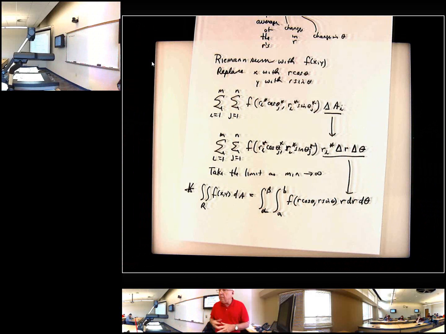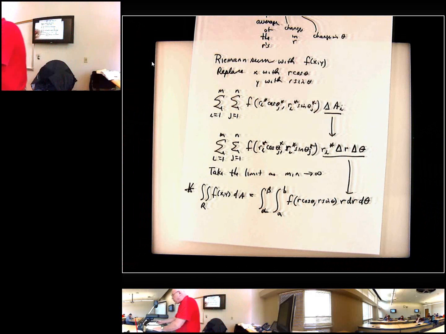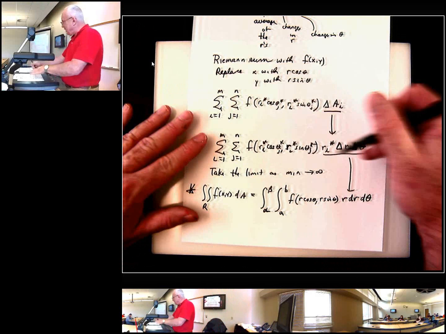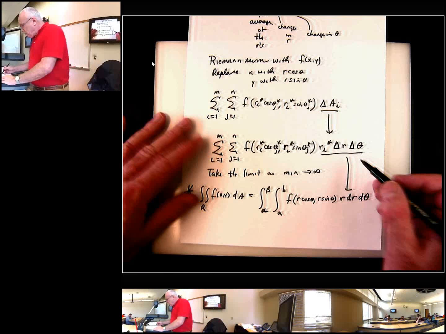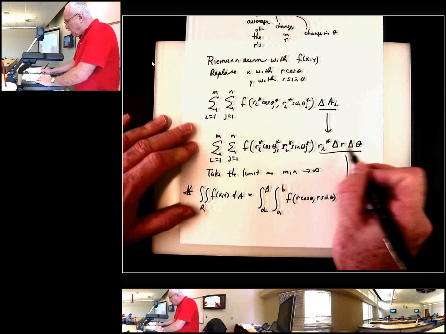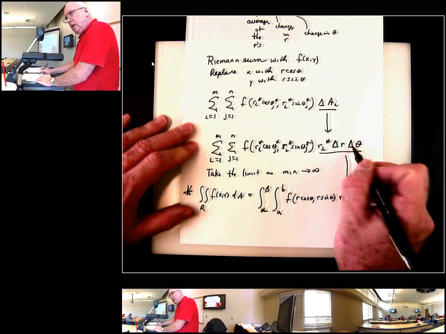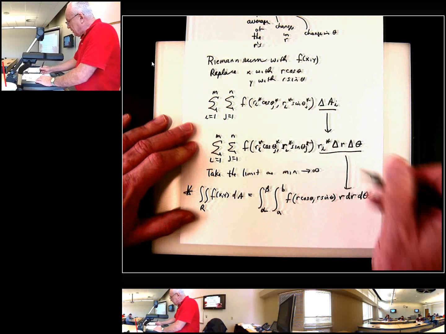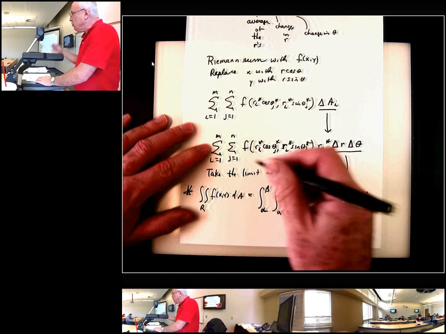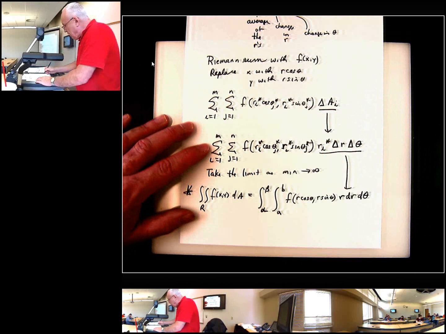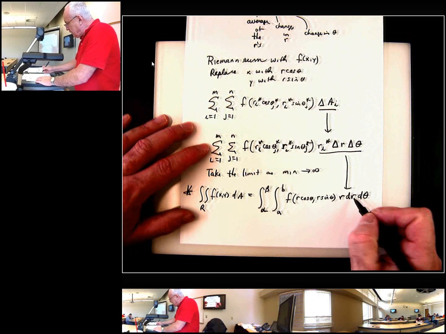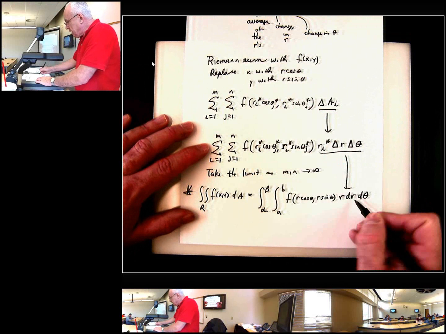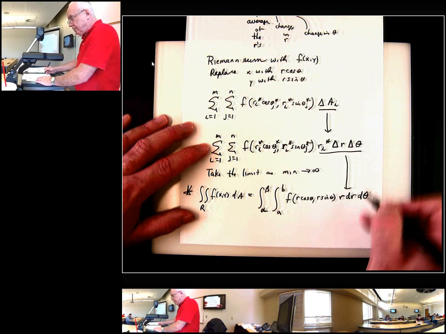So let me point out a similarity here between this Riemann sum and the integral notation. The Riemann sum has a delta r and a delta theta. But when we do the limit as all these go to very, very small infinitesimal areas, we replace delta r with dr, delta theta with d theta.